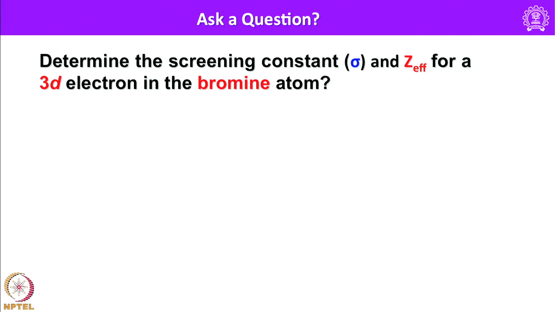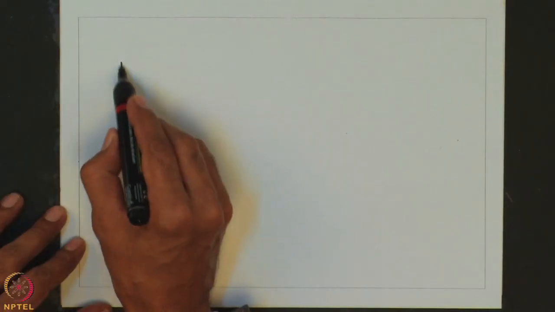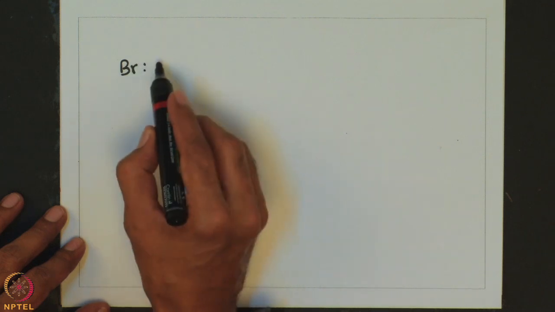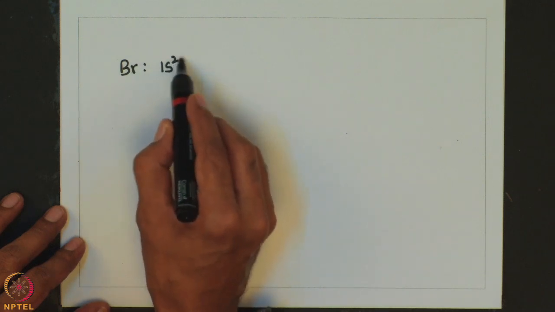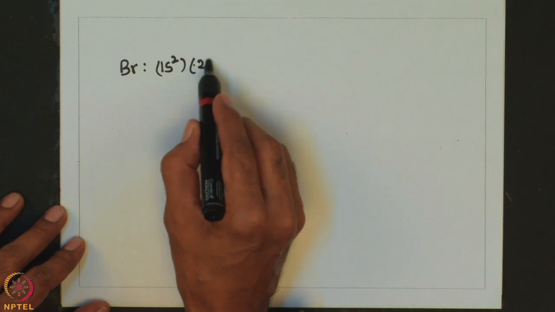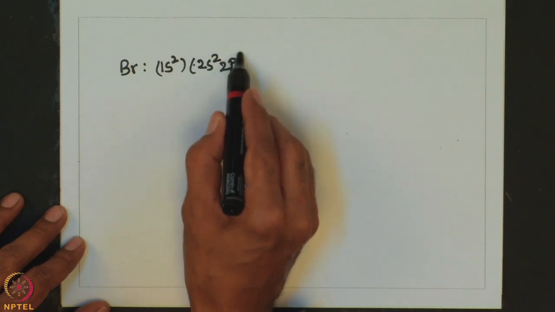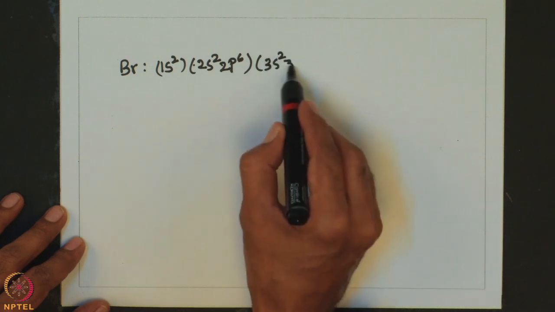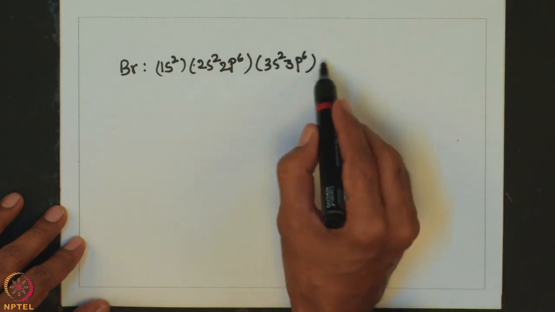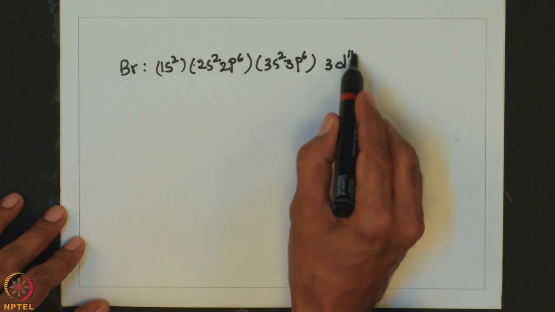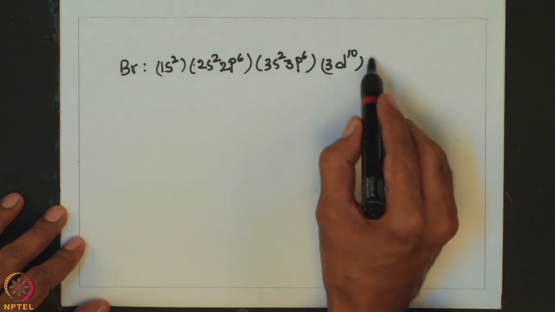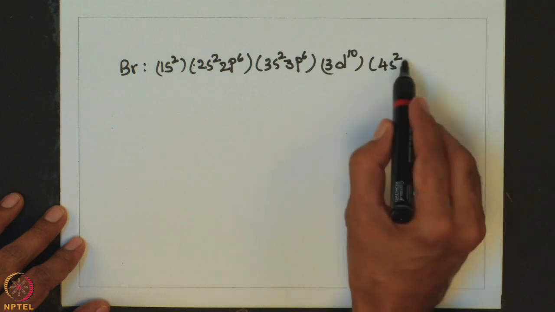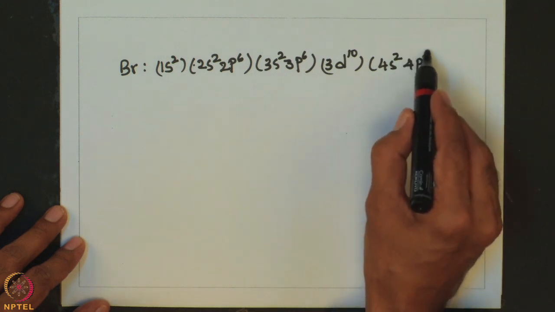Let us write the electronic configuration of bromine: 1s2, 2s2, 2p6, 3s2, 3p6, 3d10, 4s2, 4p5.